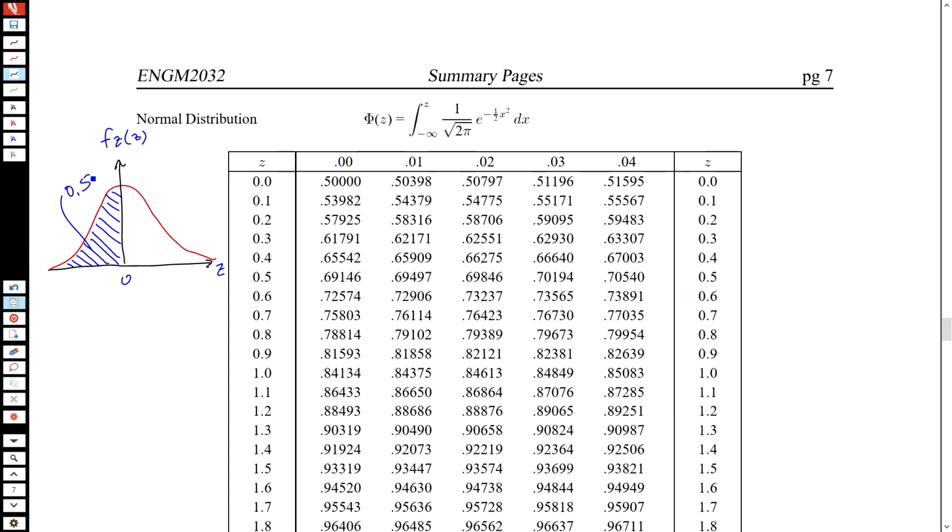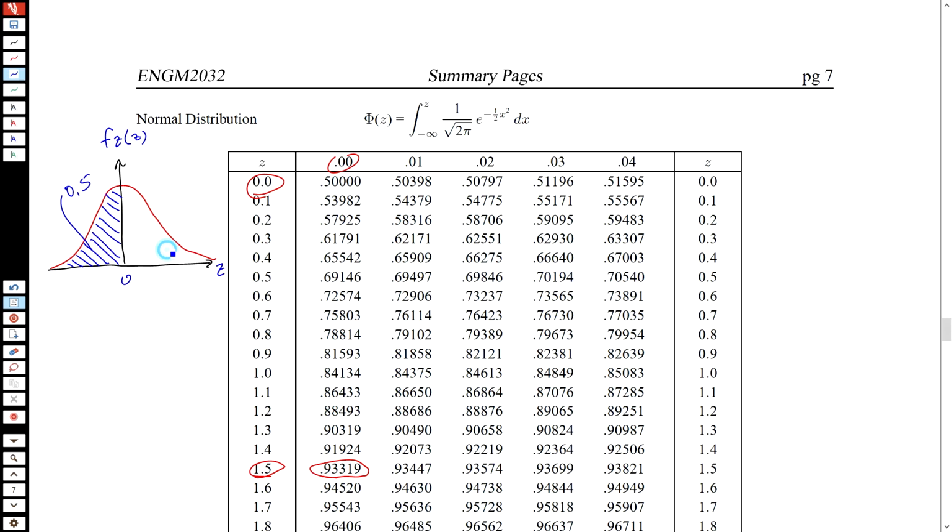When we have 0.00, that's the way we read this. The area to the left is 0.5. We're looking in our problem at 1.50, which is this number here.